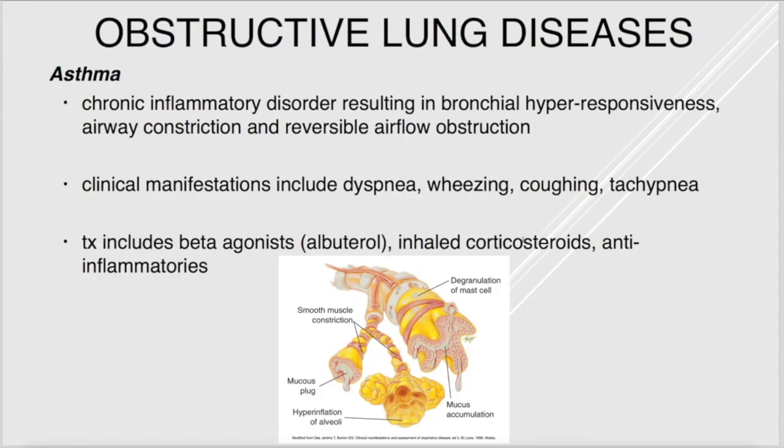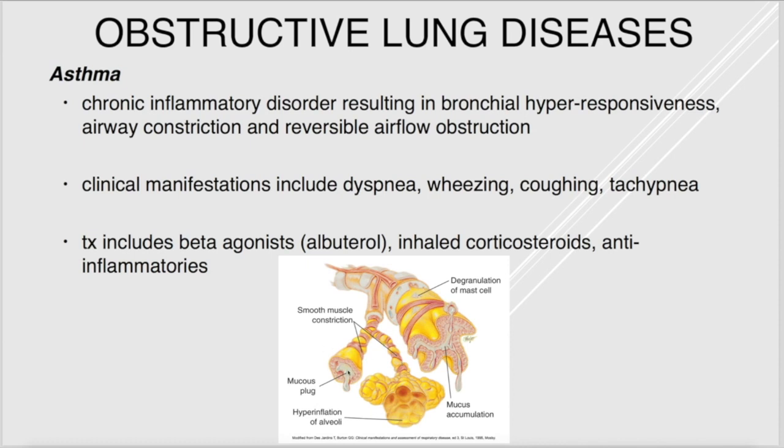So asthma is a very common pulmonary disease. It's a chronic disorder. Basically what happens is there is hyperresponsiveness in the bronchi and the bronchioles, and when they're hyperresponsive, they constrict, and there's also the production of mucus, of course. Remember, anytime you irritate smooth muscle, which as you can see, there's smooth muscle wrapped around these airways, anytime they're irritated, no matter what the cause is, they're going to constrict, and that's what's happening here.